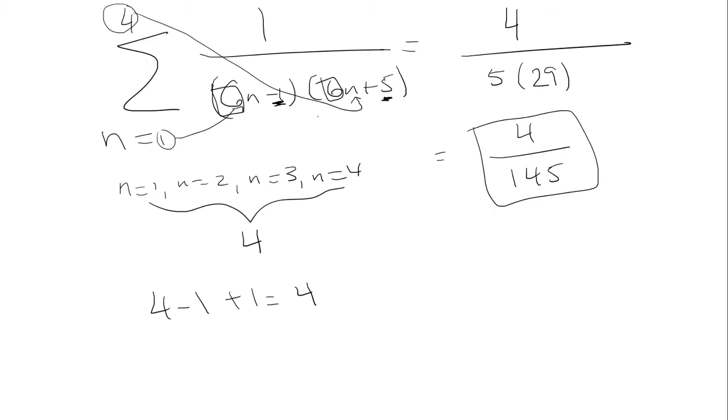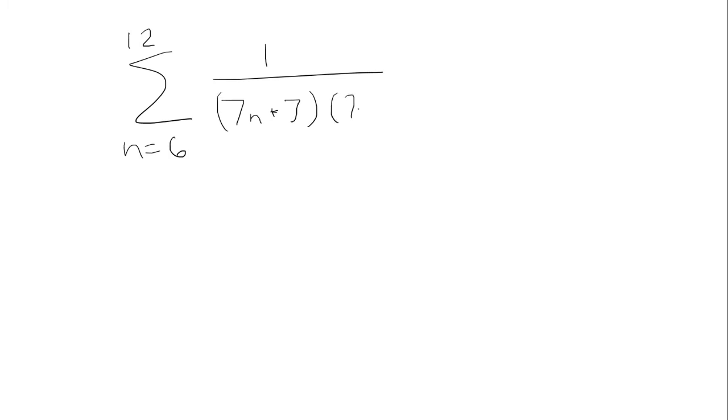Okay, let's look at another example. Okay, so it's 1 over 7n plus 7 times 7n plus 14.